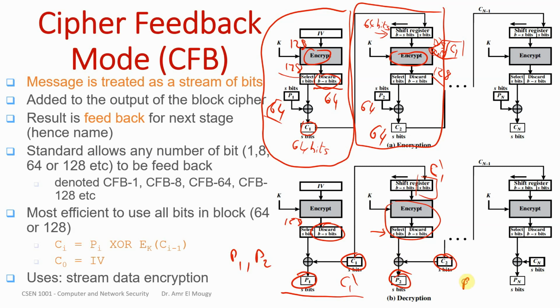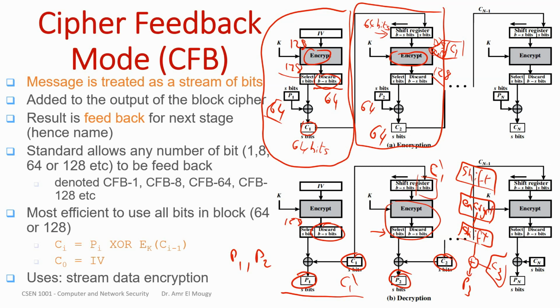What about P3? To produce P3, you have to actually XOR C3 with the output of the encryption algorithm. So this is the encrypt. Here is the shift register. And here is also the shift register.